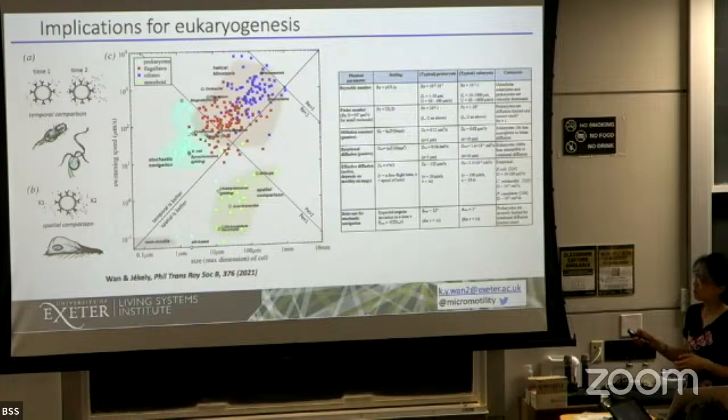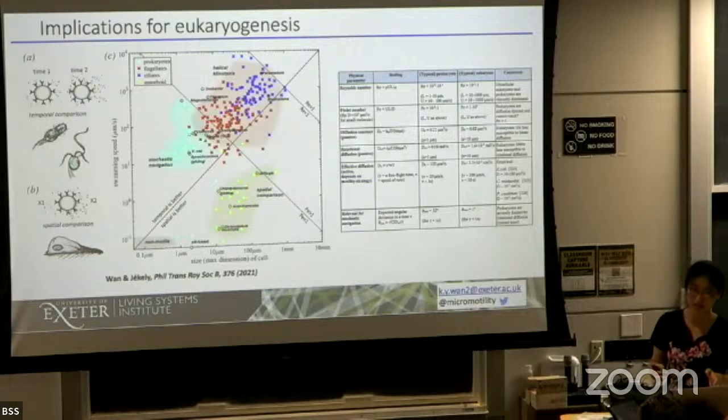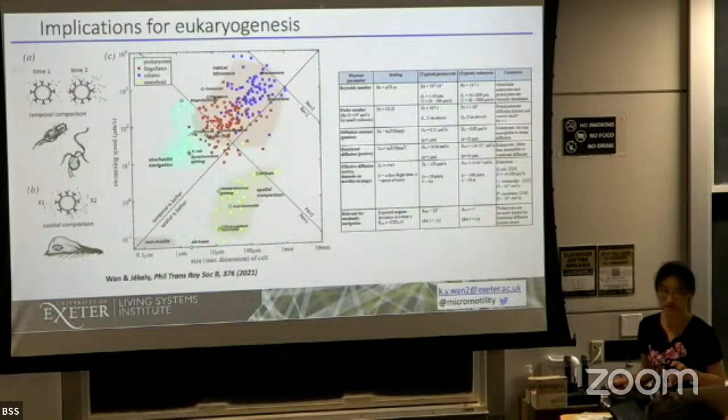And pretty much everything that has cilia can be located in that region. And then there's another line. So conveniently, these are double log axes, so everything becomes a straight line, which represents the line that separates spatial versus temporal sensing. And so this gets to one of the questions that was asked earlier.